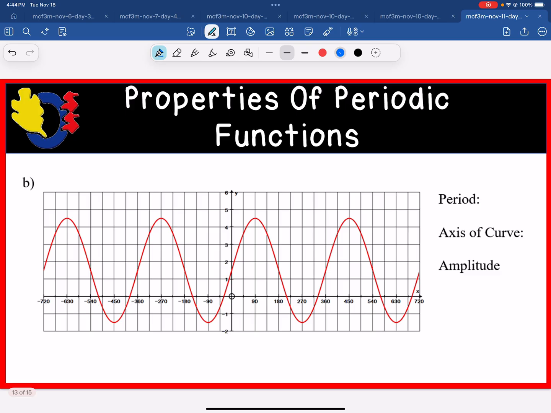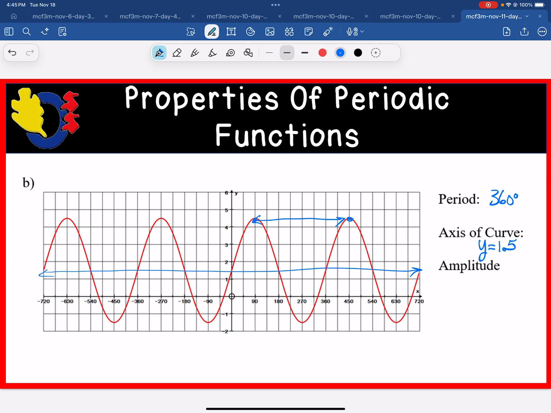All right, the next one. This time, same idea. I'm going to pick my maximums up here between 450 and 90. That looks like the same period as before, so 360. The axis of curve this time is here, so that's at 1.5. So y equals 1.5.